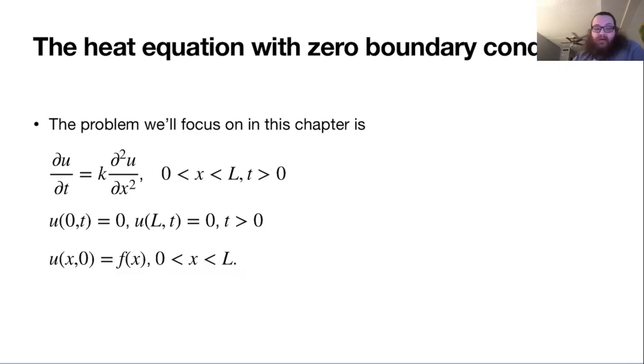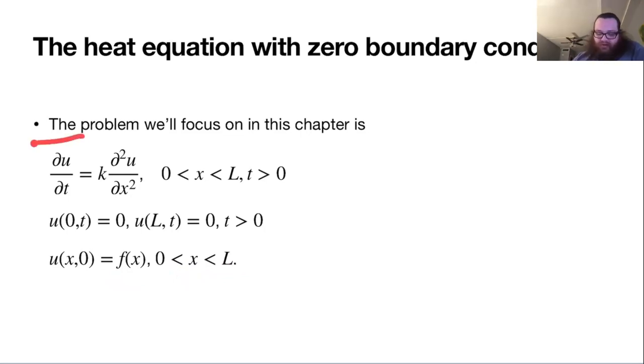So we're not saying x equals 0 and x equals L. In practice, the value of f at x equals 0 and x equals L doesn't really matter, and we'll see why in a bit.